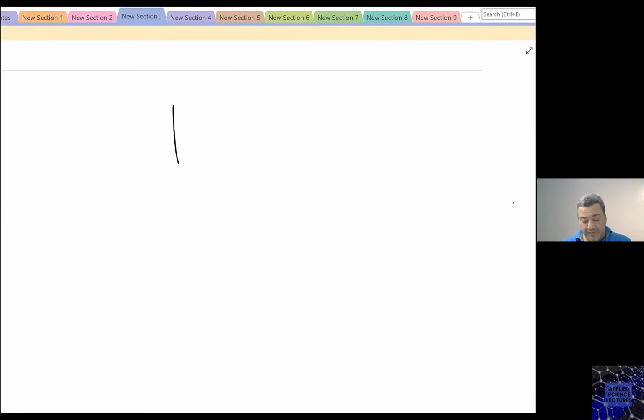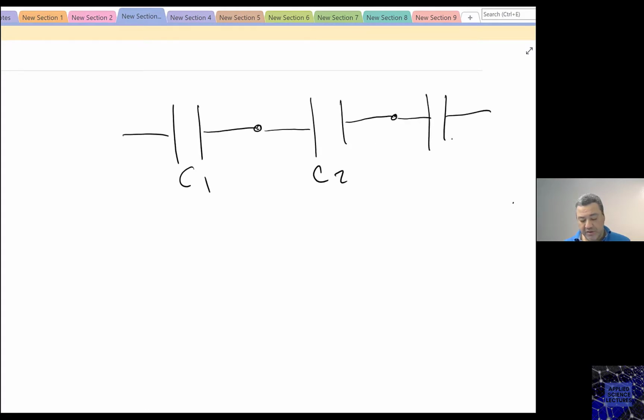If I have C1 that is connected in series with C2 and C3, for example, then in this case, those capacitors will not be added. The inverses of the capacitances will be added.